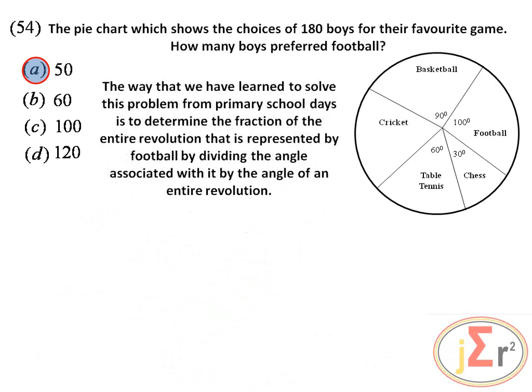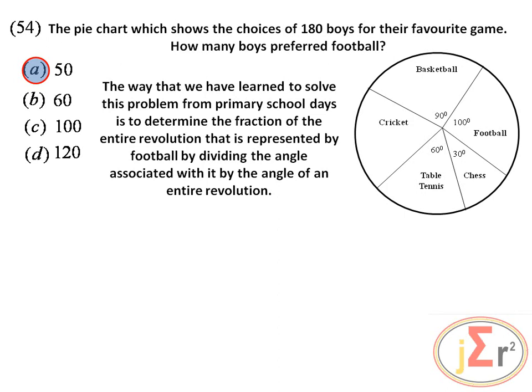The way that we have learned to solve this problem from primary school days is to determine the fraction of the entire revolution that is represented by football, and that will be done by dividing the angle associated with it by the angle of one revolution, and the angle of one revolution is 360 degrees.